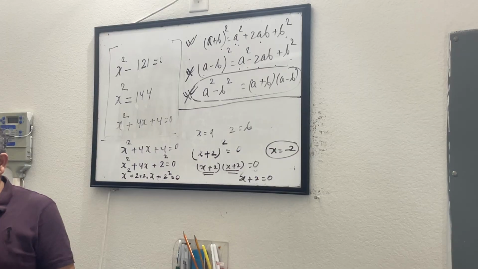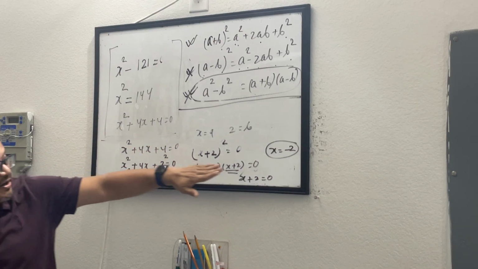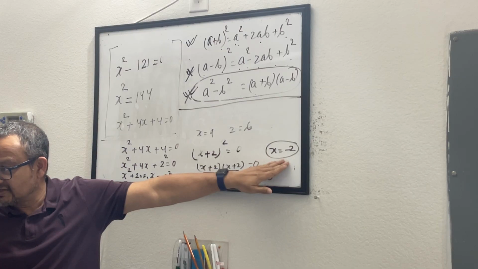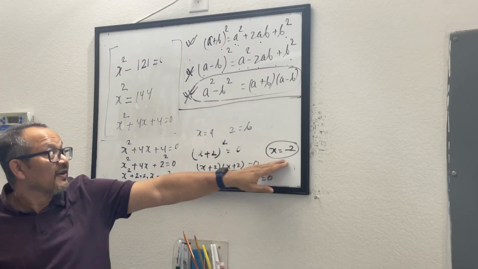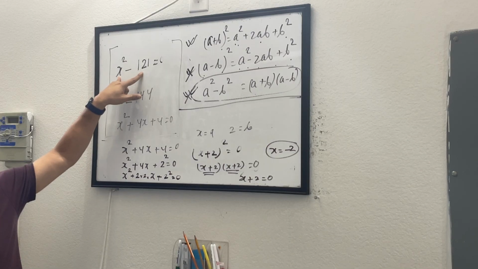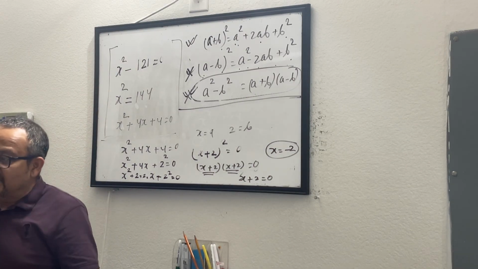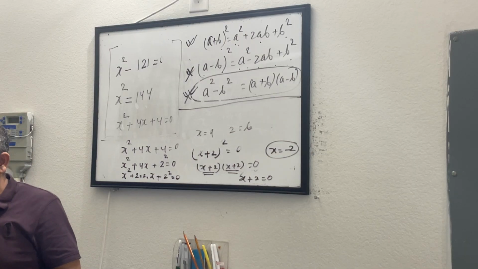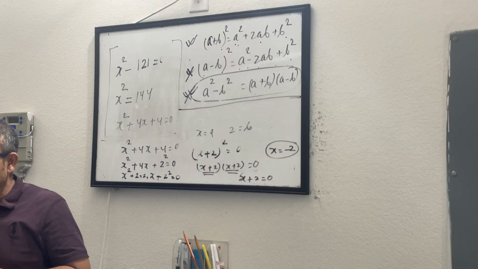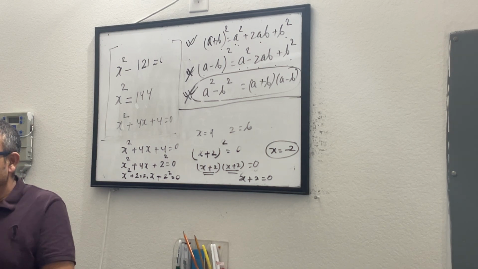So look at the beauty of this. By solving this equation, we got only one answer for x. There is only one value for x. Whereas when we were solving the other equation, we got two values of x. So, the conclusion is, when you are solving any quadratic equation, you can get up to two values of x, or two solutions for the variable.